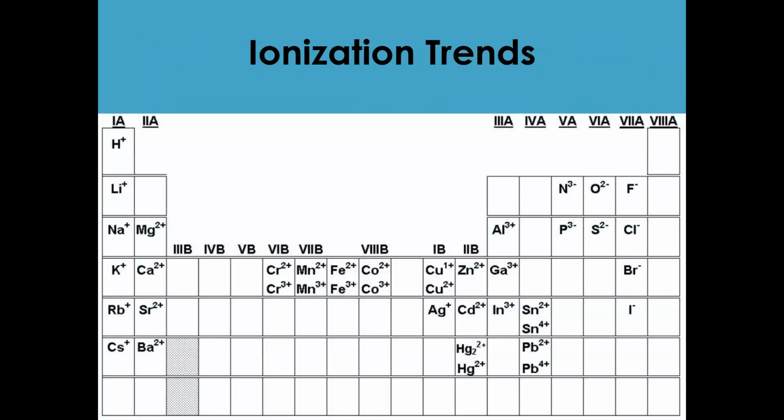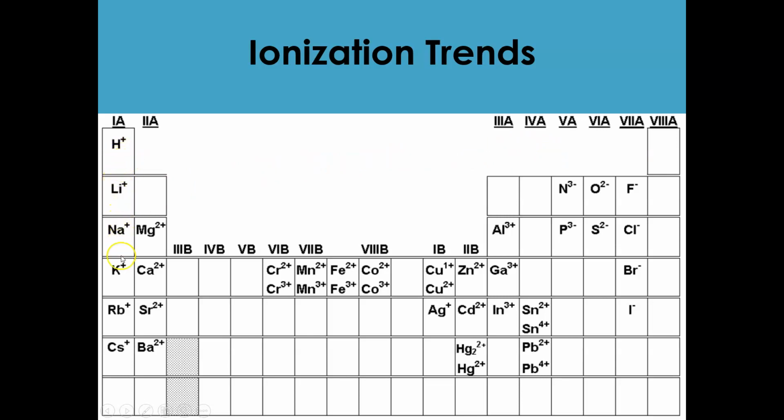So let's just talk about what I would call ionization trends. And the simplest thing to take home from this is to understand that for the main group elements, that is groups 1 and 2, and groups, depending on which numbering system you're using, 3A through 8A or 13 through 18, the group number is going to tell you what the charge of the ion is going to be.